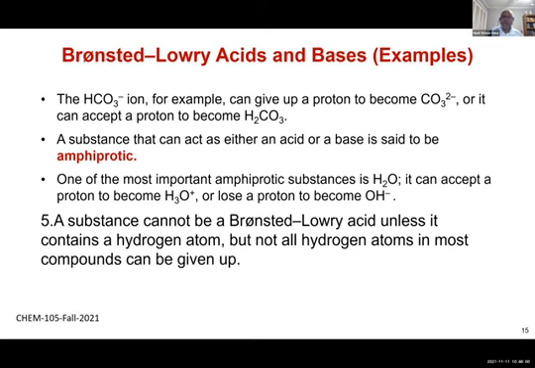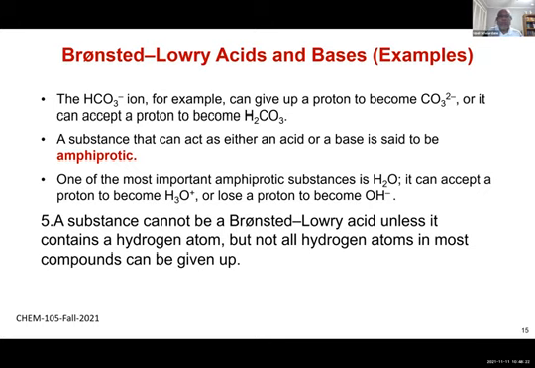A substance cannot be a Bronsted-Lowry acid unless it contains a hydrogen atom. But not all hydrogen atoms in most compounds can be given up.